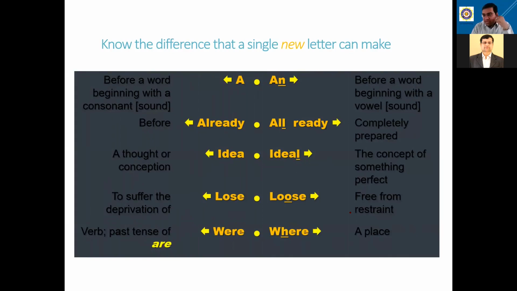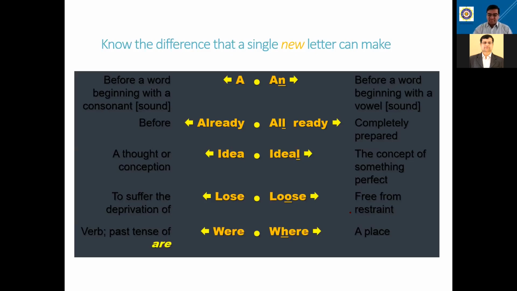This again is a common mistake while writing. Already, all ready, idea, ideal. Where to use these words? What do we mean by idea? Idea is a thought or conception. But ideal is what? The concept of something perfect.